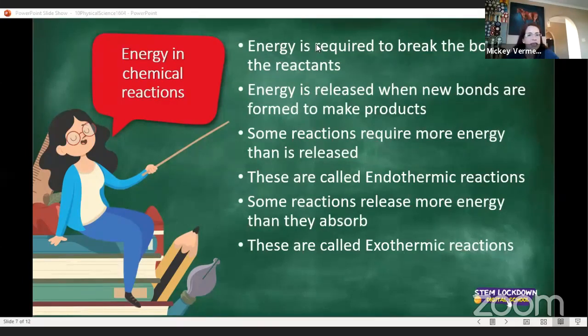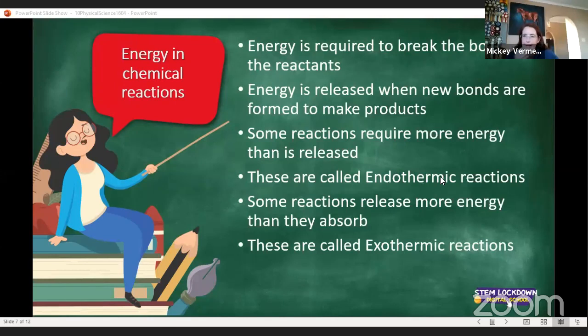But this doesn't always happen in equal measure. So for some reactions, I need to put more energy in than gets released when the products are made. They are called endothermic.